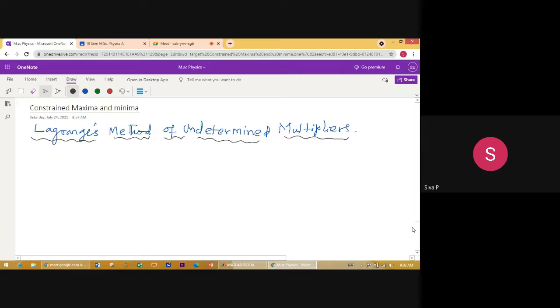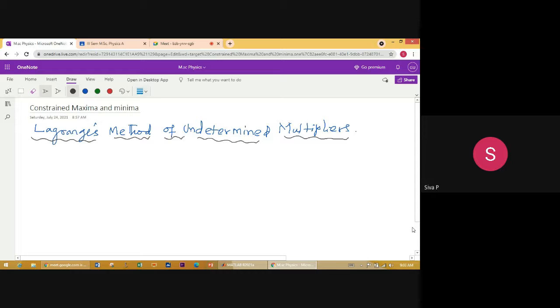The extreme values of f of x, y, z in such a situation are called constrained extreme values. Either we eliminate one variable by using the relation, or we can use one more method, Lagrange's method of undetermined multipliers.